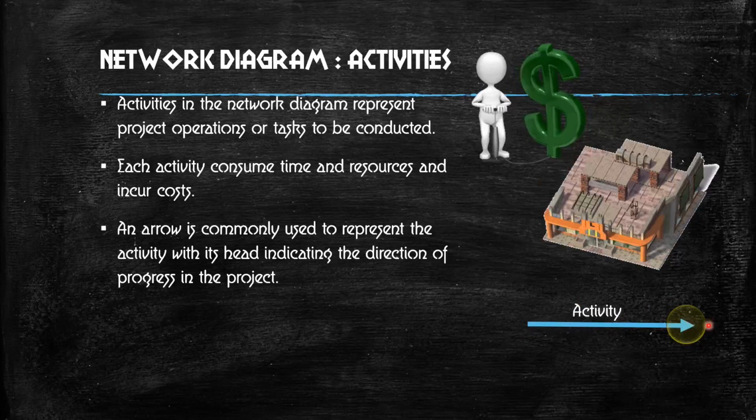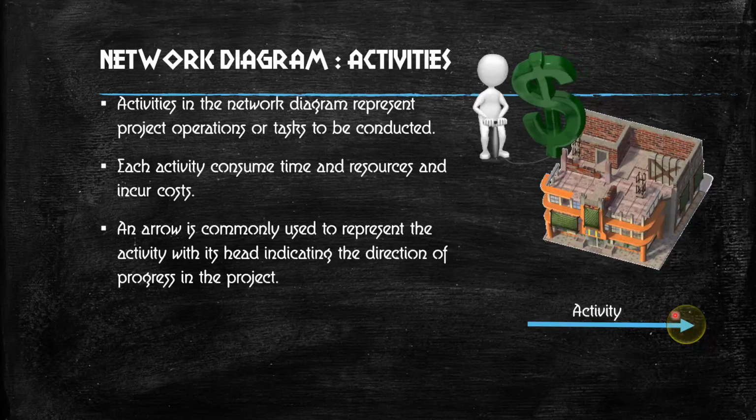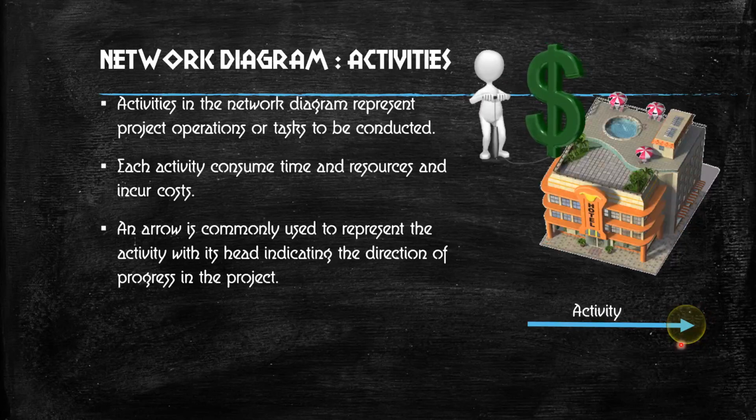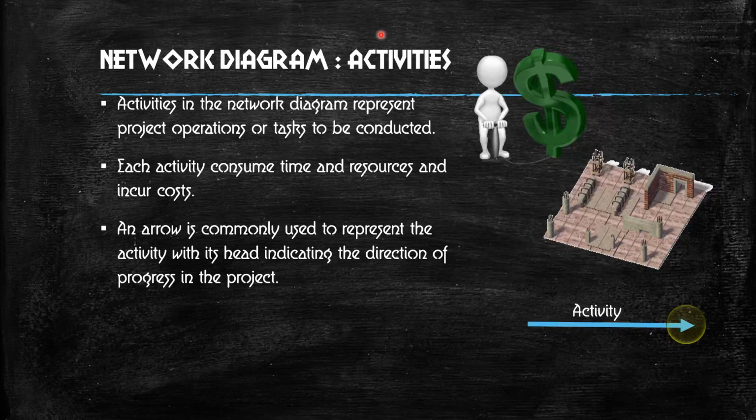They will simply draw a line. All the problem will be correct, but they will make the mistake of not using the arrow mark, because this arrow is very important. You cannot draw just a line between two circles. You have to draw an arrow, because the head of the arrow indicates the direction of the activity.